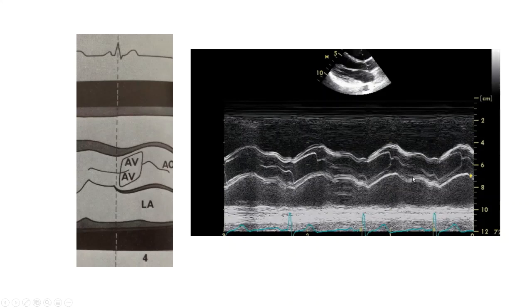Now, you will not be tested on what I'm about to tell you, but keep in mind that the amount of time that the aortic envelope is open, in other words, the ejection phase of ventricular systole, correlates with stroke volume.